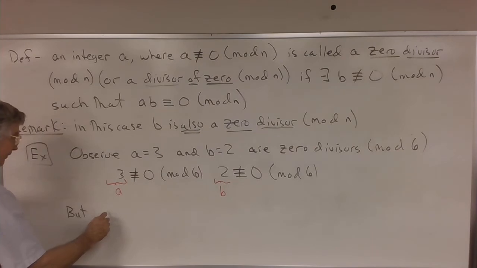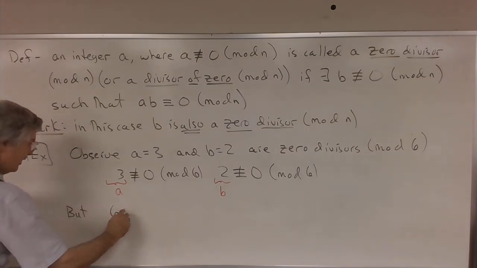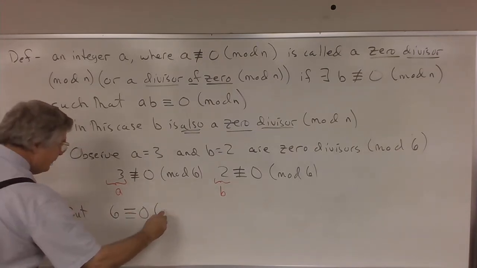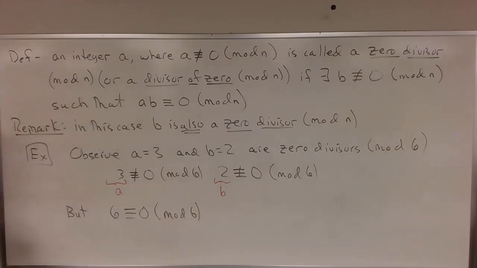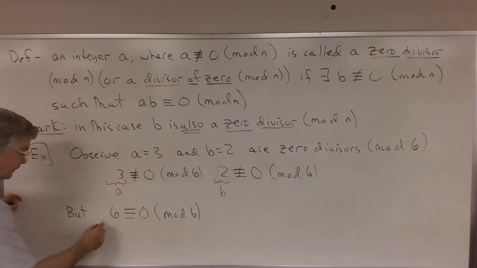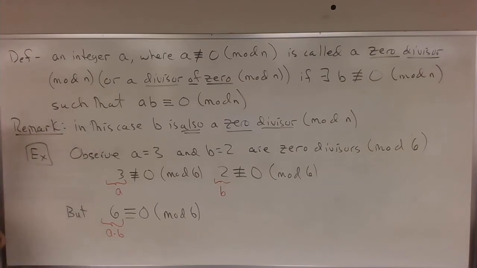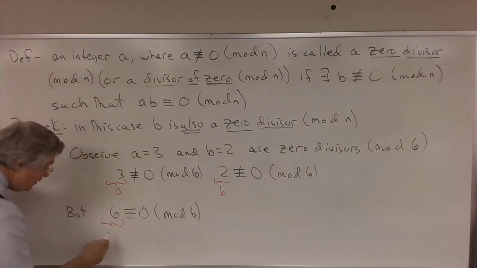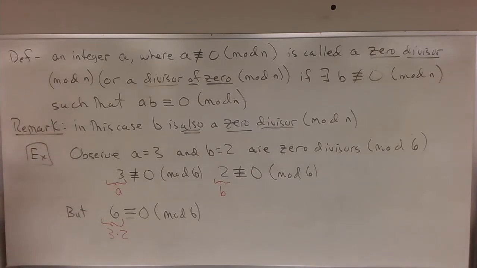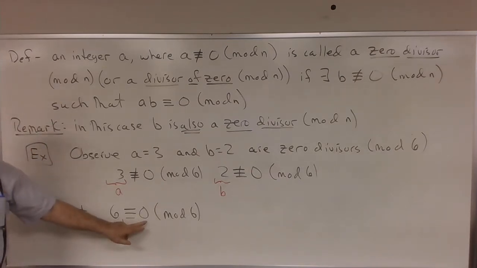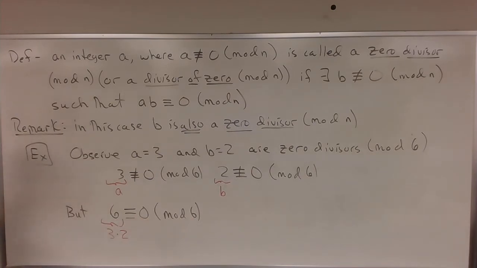But let's see, what's the significance of 6 here? 6 is just a times b. 6 is 2 times 3, or 3 times 2. Their product is congruent to 0 mod 6.